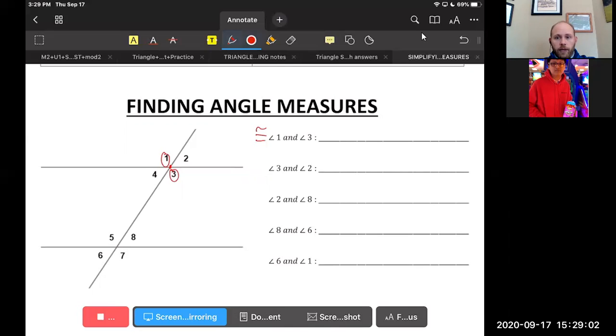What do we think? Feel free to use the chat if you want, private chat if you want. What are 1 and 3? Think vertex, right? They share a vertex.